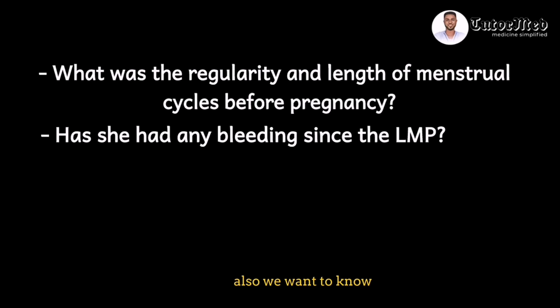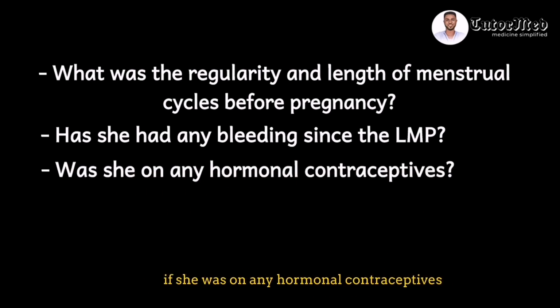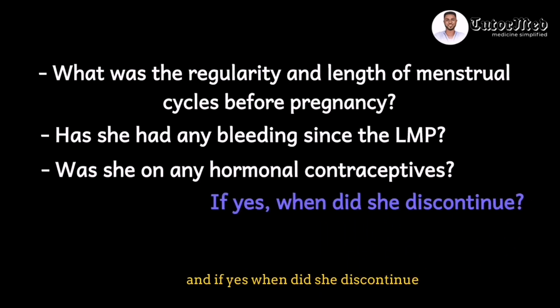Also, we want to know if she was on any hormonal contraceptives, and if yes, when did she discontinue before she got pregnant? Because we know that after stopping hormonal contraception, the first 2 episodes of bleeding may be anovulatory.